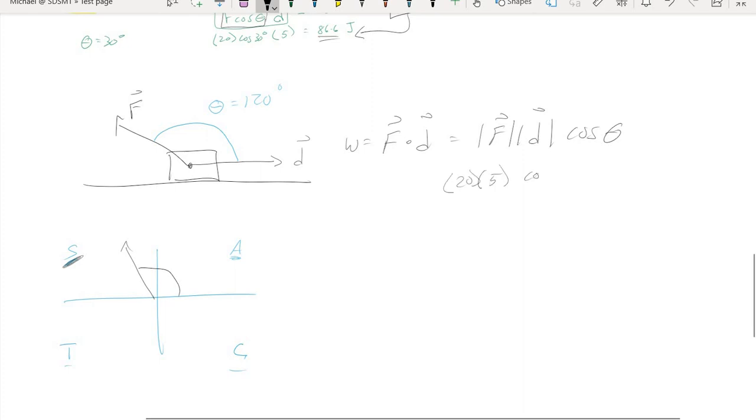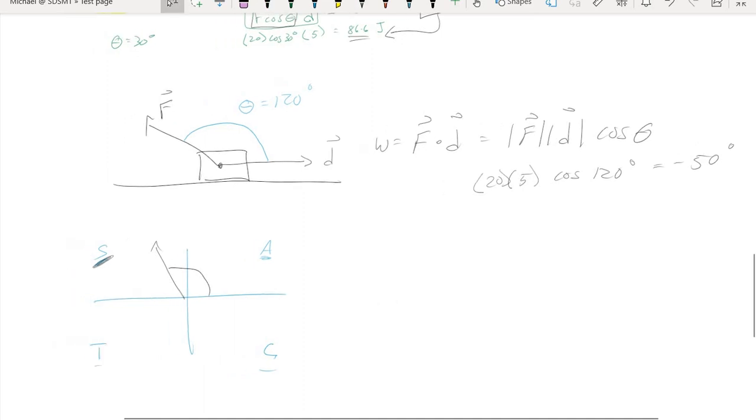That will be evident when we put all of this into our calculator. 20 times 5 is 100, times the cosine of 120 is negative 50. We have negative work that is being done.